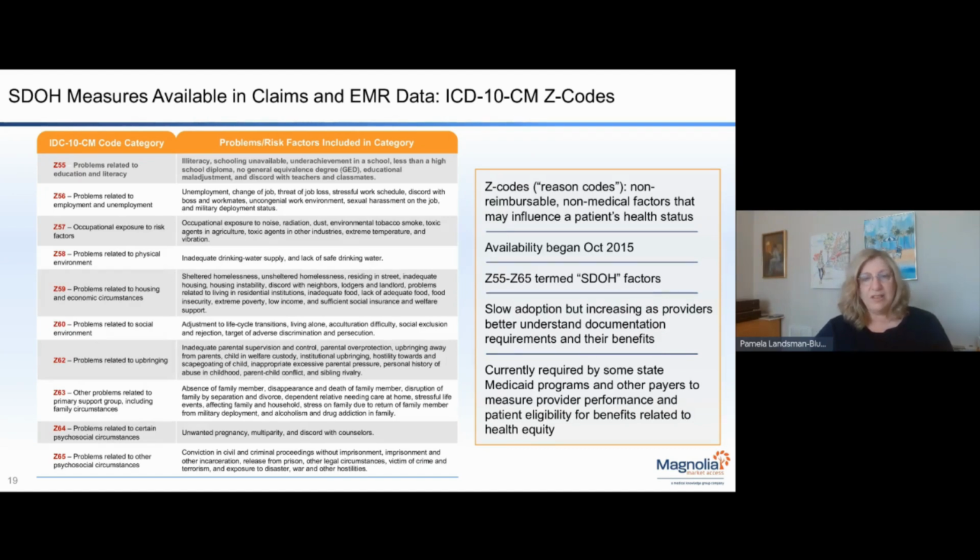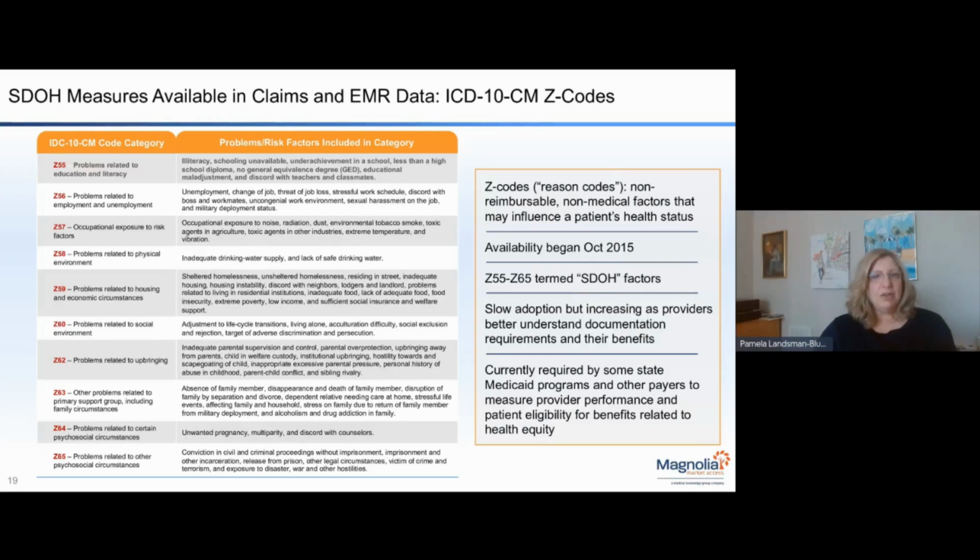Currently some state Medicaid programs and other payers are requesting providers include Z codes, and it may actually impact patient eligibility for benefits that are related to health equity. And Rick will discuss several of those in a few moments. So the ones that fall under social determinants of health are these codes Z55 through Z65.